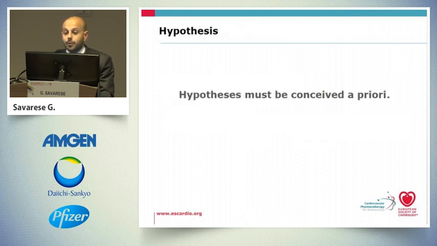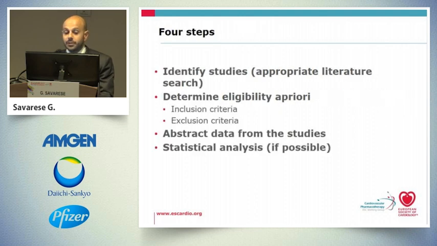So the first important thing, as in all kinds of studies, is the hypothesis, and this applies also to meta-analysis. In meta-analysis, the hypothesis must be conceived a priori. This is a very important point. Then there are 4 steps in order to run a systematic review or a meta-analysis. The first step is to identify the studies to be included, so to identify the appropriate literature.